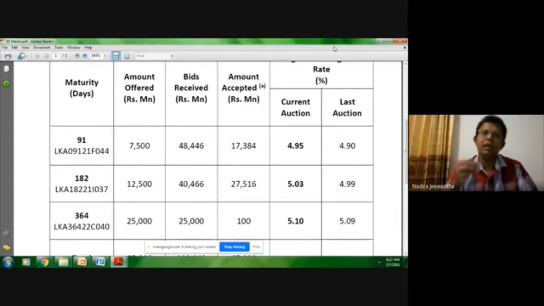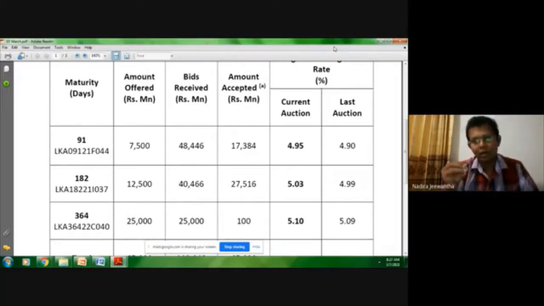What I discussed so far, the SDF and SLF rates, have not changed recently; they have come down drastically over the years. Recently there was a monetary policy meeting, and the central bank did not change them. So it is still 4.5% and 5.5% for the SDF and SLF rates.